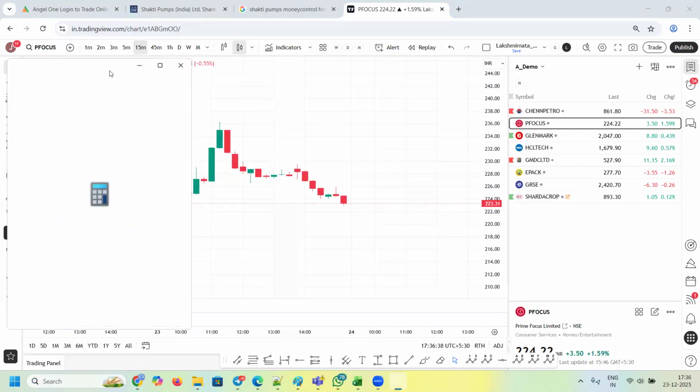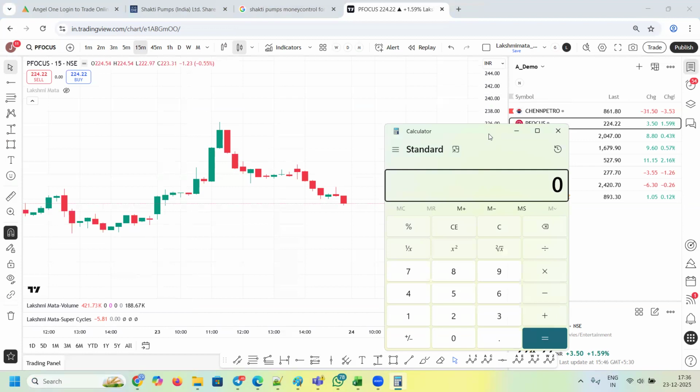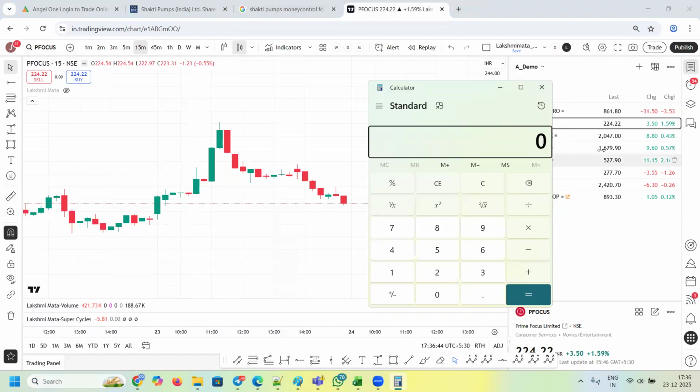You should think about the price of the stock also. For a 2000 rupees stock, if it moves 4 rupees, it is nothing. But for a stock like 224 rupees, 4 rupees is a very good amount.